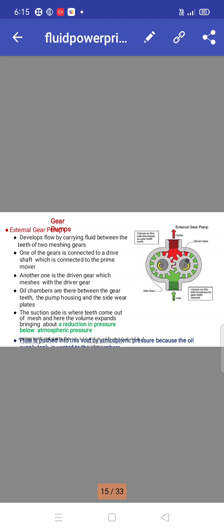The other one is the driven gear, which meshes with the driver gear. Oil chambers are there between the gear teeth, the pump housing and the side wear plates. The suction side is where teeth come out of mesh, and here the volume expands, bringing about a reduction in pressure below the atmospheric pressure.